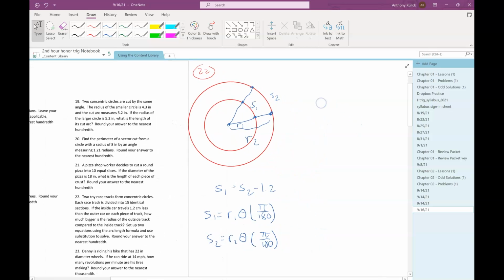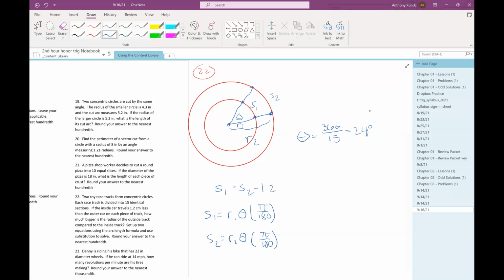Okay. First thing I'm going to do is figure out what theta is. That's not too bad because I know that each one of these segments is identical. There's 360 total degrees in the circle, and I'm chopping that up into 15 segments, so I know that theta is 24 degrees.